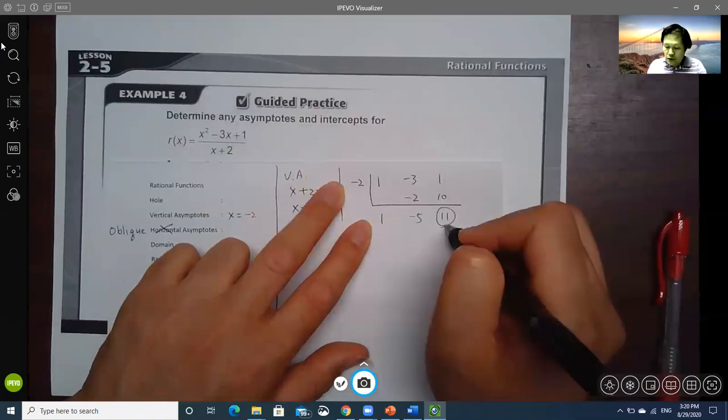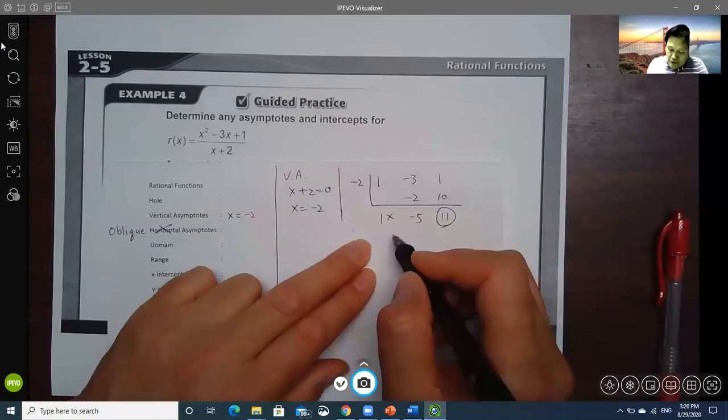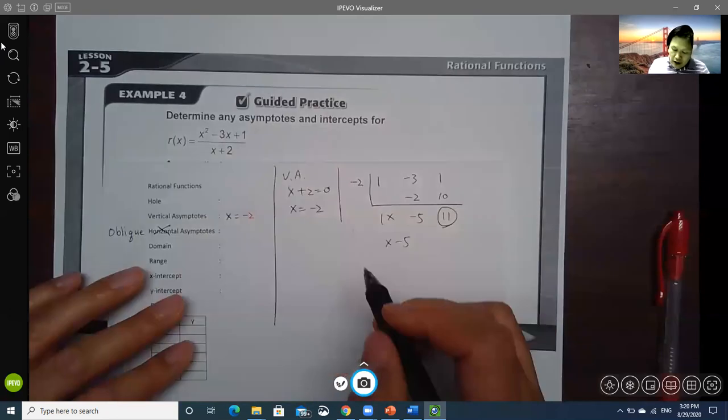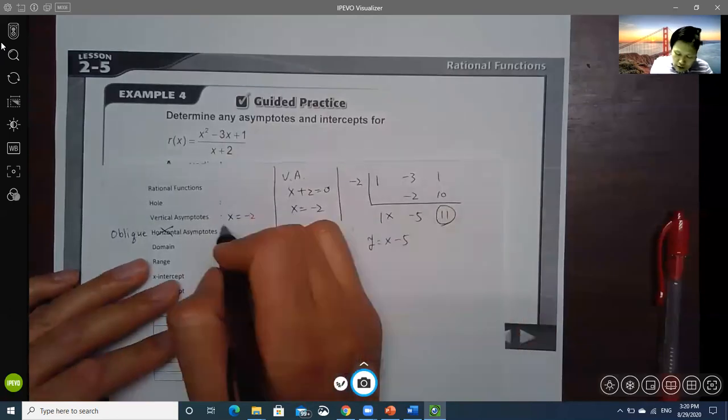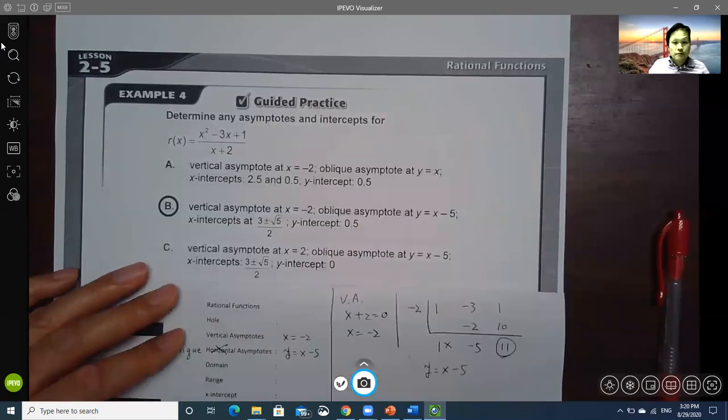That's the remainder. Leave it alone, put x, and get x minus 5. So y equal to x minus 5 is the oblique asymptote.